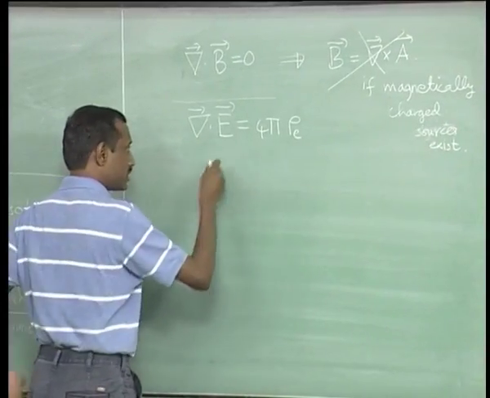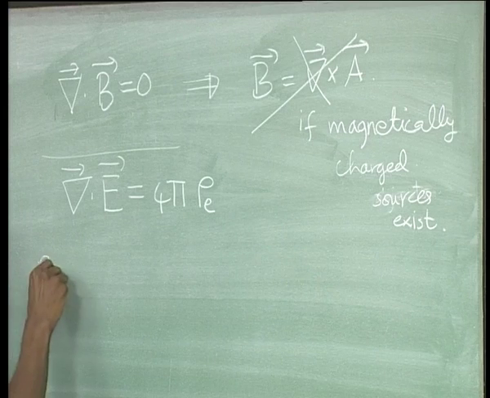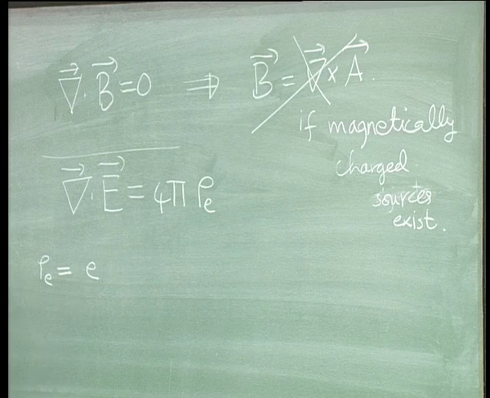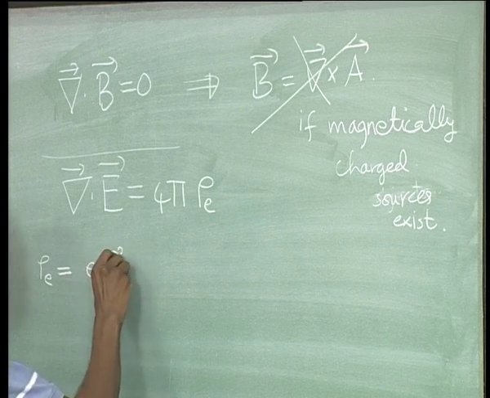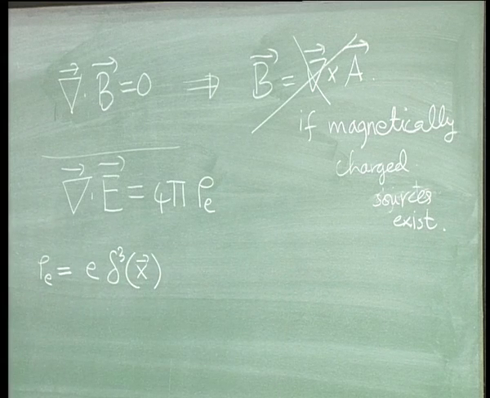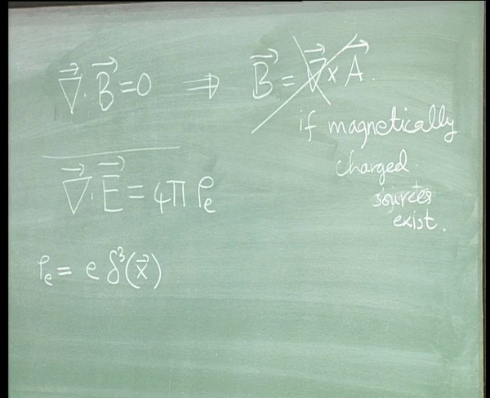So his idea was, let us just go back through this. If you have a point electric charge, you would have written the source for that as the charge times a delta function. This is like a point charge placed at the origin, and what is the electric field due to this?